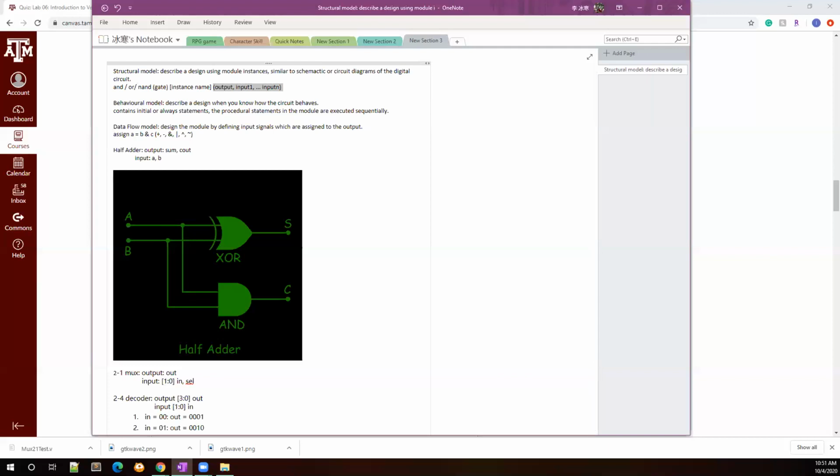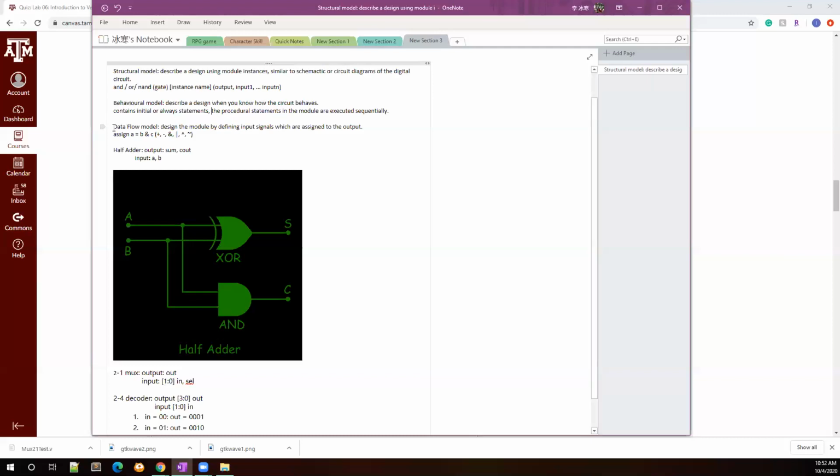It is the closest in terms of natural language understanding of the circuit functionality. The behavioral language contains initial or always statements, and the procedural statements in the module are executed sequentially.